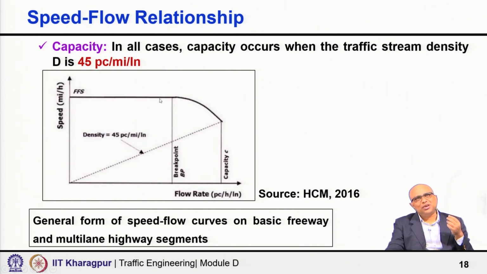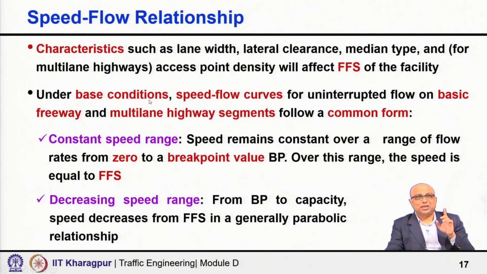One is the straight one, where although the flow is increasing, speed does not drop up to this breakpoint. So, from 0 to breakpoint flow rate, speed is free flow speed, no drop practically. The earlier assumption was that from here itself it starts following some kind of parabolic relationship, but no, here up to the breakpoint is one segment, which is called the constant speed range.